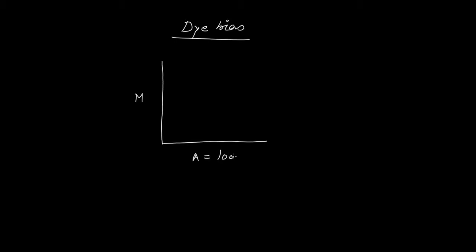So it is the log of the value in the red channel plus the log, generally log base 2, of the green channel, divided by 2. That will be the average signal.